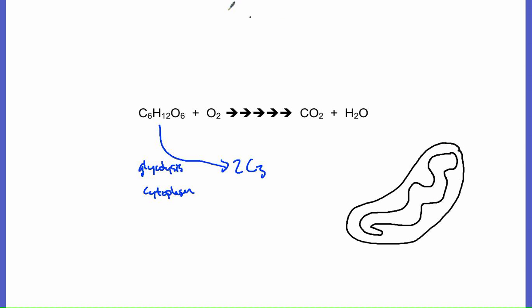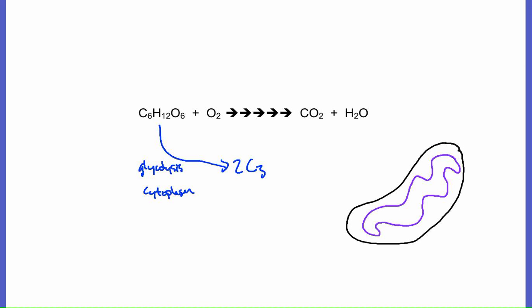That membrane itself is important because that's where one of my processes is going to happen. So this membrane is called the inner mitochondrial membrane, and that's where my electron transport, which is actually the last step, is going to happen.